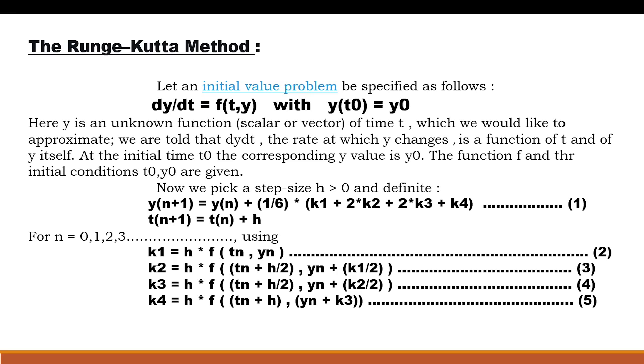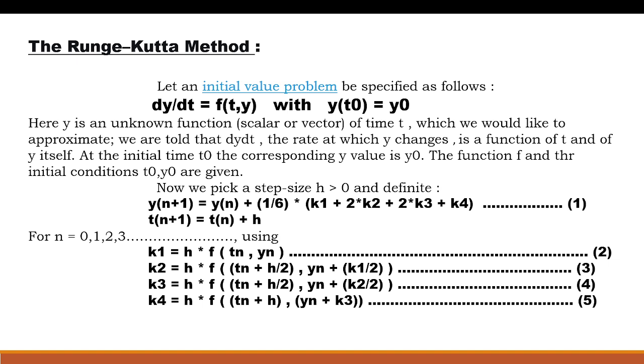The function f of t, y and the initial conditions t naught and y naught are given. Now we pick a step size, say h, which is greater than 0 and should be a definite value. This is the formula of the Runge-Kutta method: y(n+1) is equal to yn plus 1/6 times (k1 plus 2 k2 plus 2 k3 plus k4), and t(n+1) is equal to tn plus h.